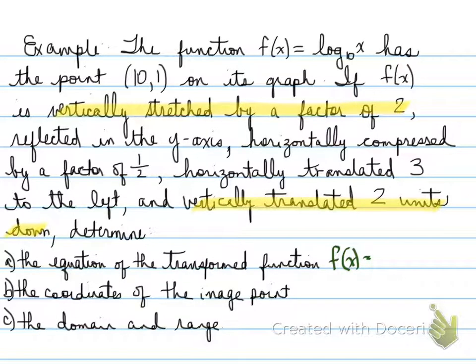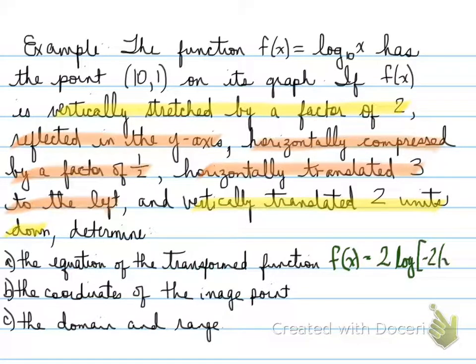Why is nothing else involved? Well, those are the horizontal transformations. So when we plug this all in, vertically stretched, there's your 2. Vertically translated 2 down, you're going to have a minus 2 at the end. Then you have log base 10 of negative 2 bracket x plus 3.